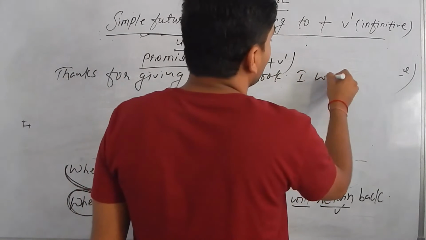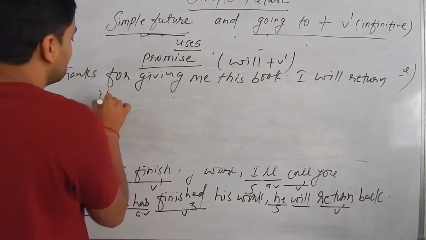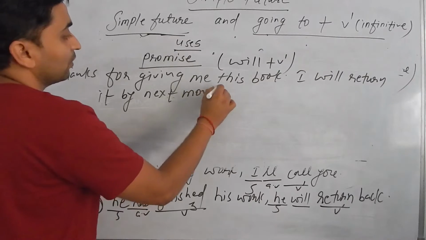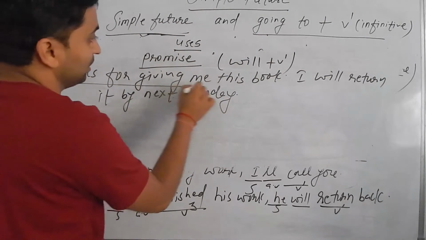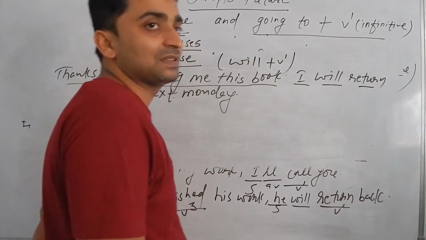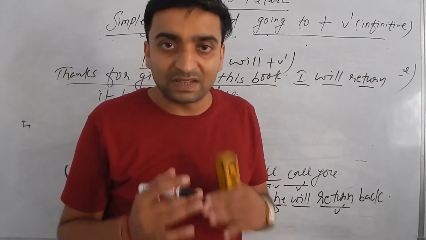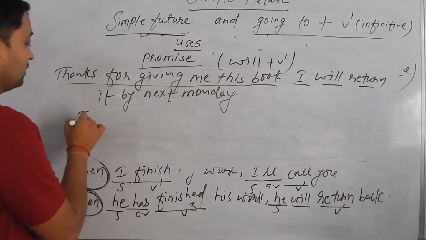I will return it by next Monday. Okay, so what I have written here, thanks for giving me this book, I will return. So I will return gives the sense of promise.